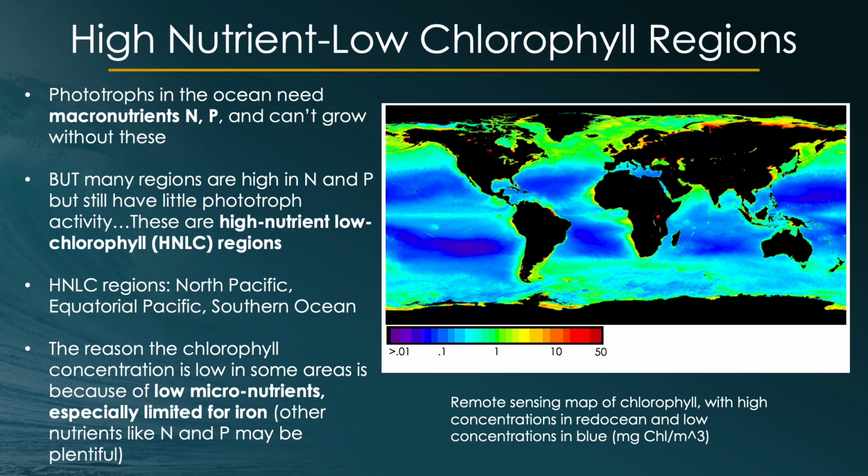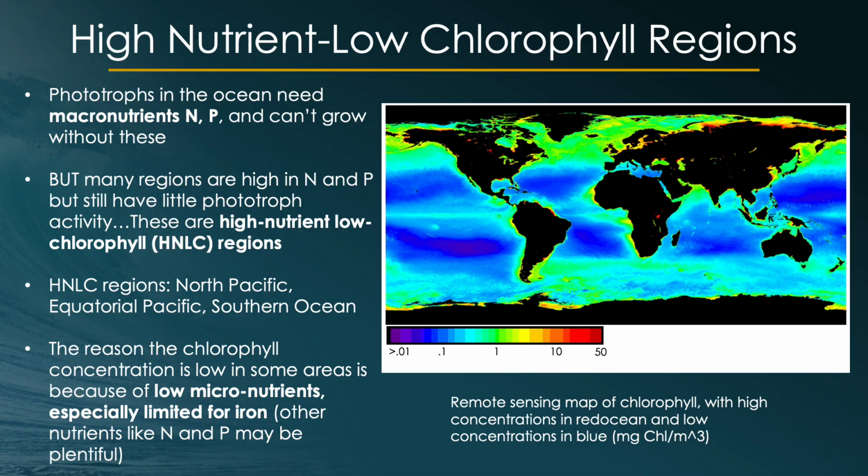Microorganisms in the ocean that do photosynthesis need a bunch of different nutrients to be able to function. Some of those are called macronutrients, like nitrogen and phosphorus, N and P. But then there are also micronutrients that are needed in much lower levels, and iron is one of them, and there are also other micronutrients.